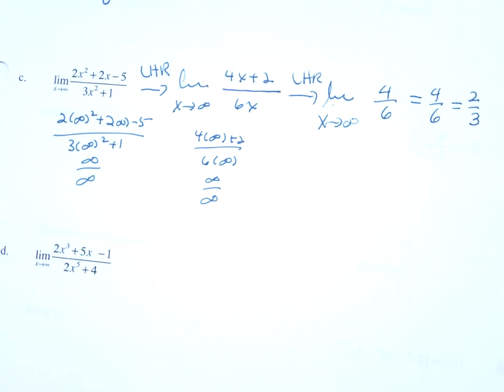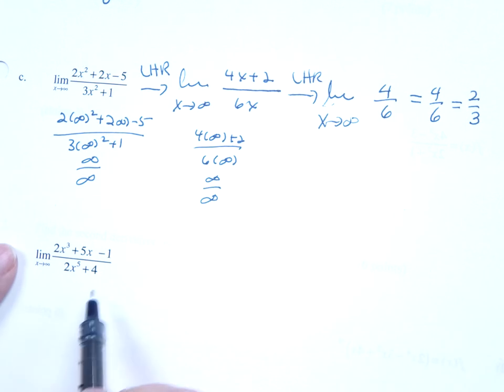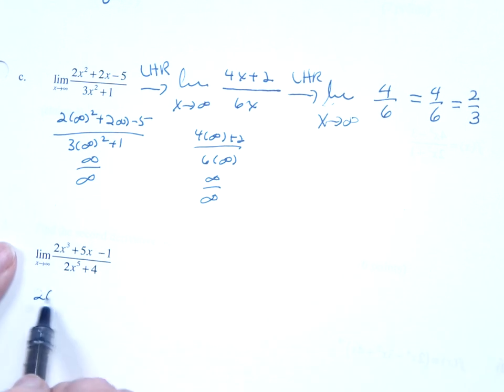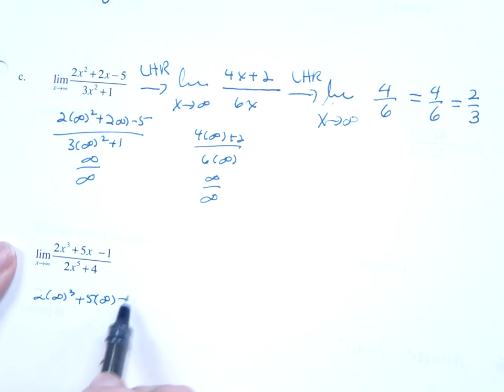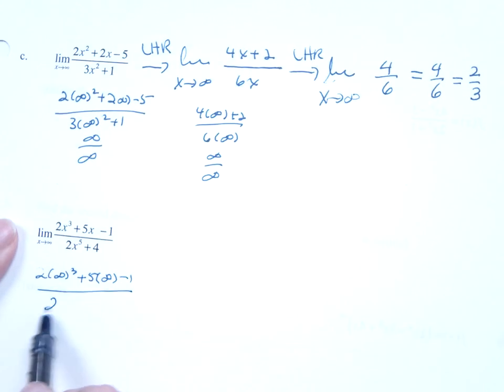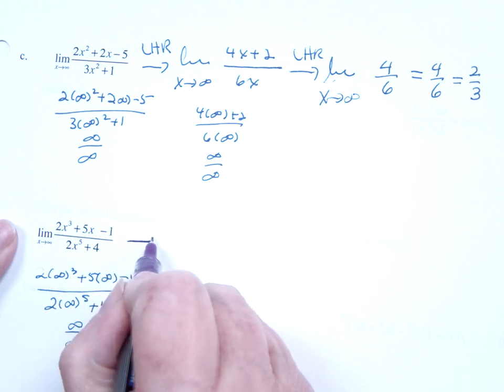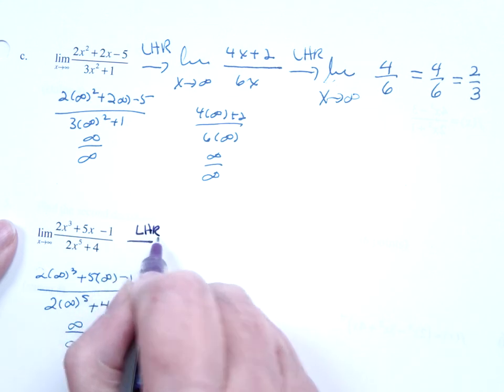And then the last one is another infinity one. It's 2 times infinity cubed plus 5 times infinity minus 1 over 2 times infinity to the 5th plus 4. That again is infinity over infinity. So I can use L'Hopital's rule on it.